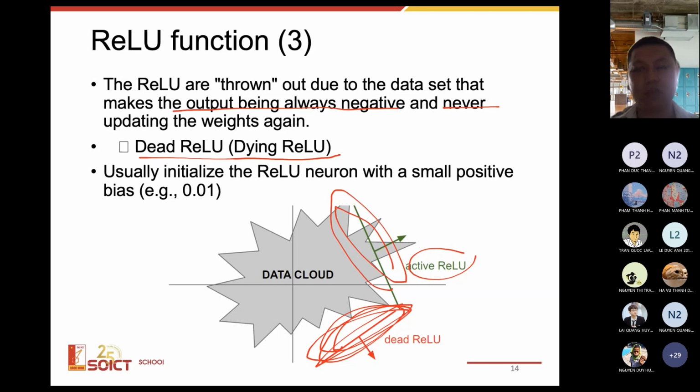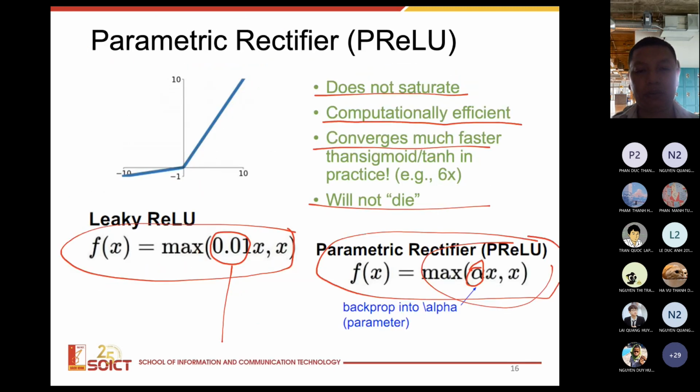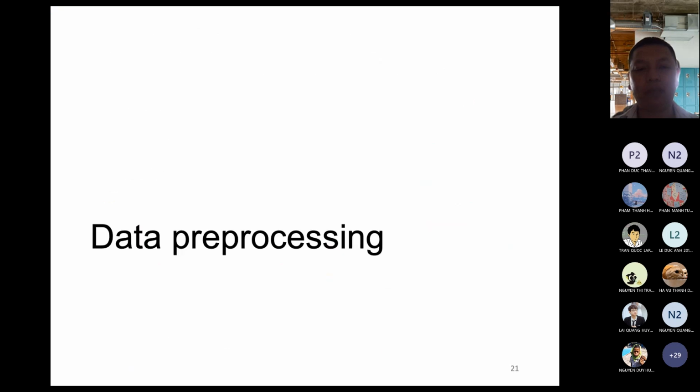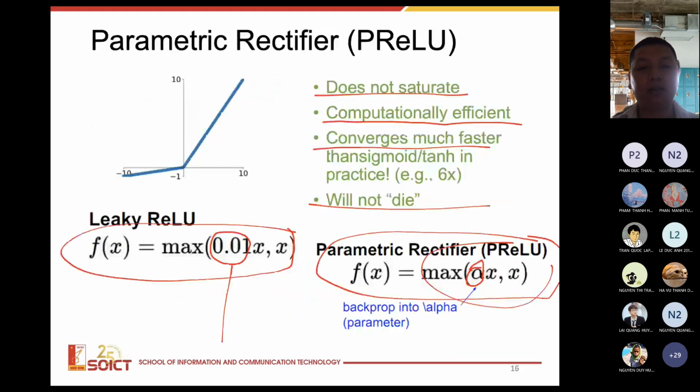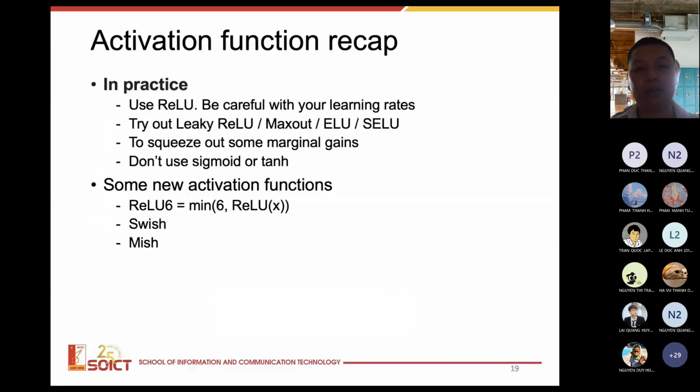If the net input becomes negative, then the gradient becomes zero, and that weight will not be updated anymore. So in that case, you should try not to use a big learning rate, because with a big learning rate, after the update you might end up in the negative region for the ReLU.